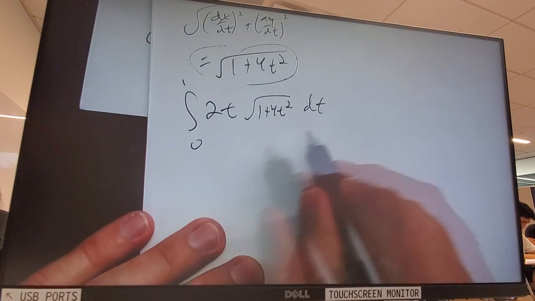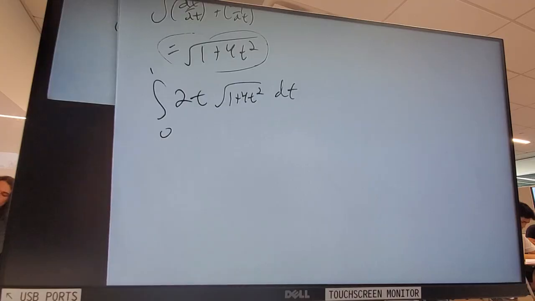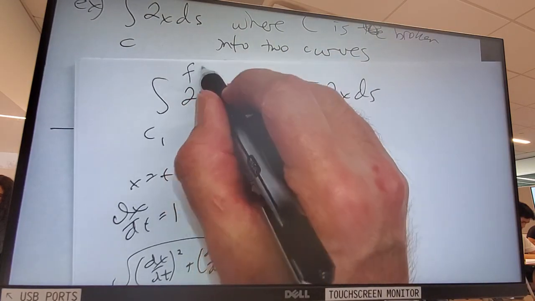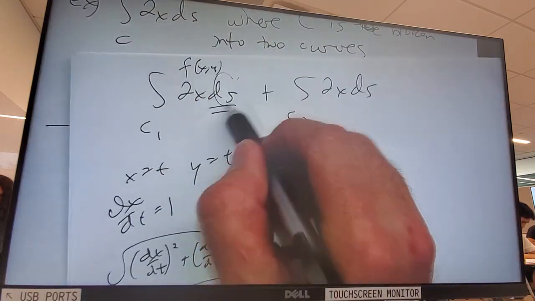And let's see. Go ahead and integrate that. Where did we get this integral? I'm going to find the template for this. Okay, so this is f here, right? This is f of x, y, and this is ds.